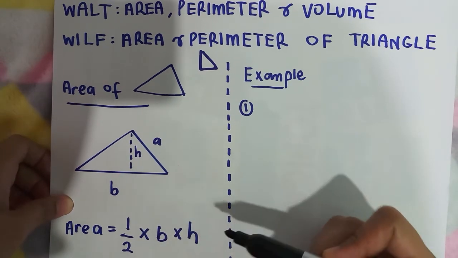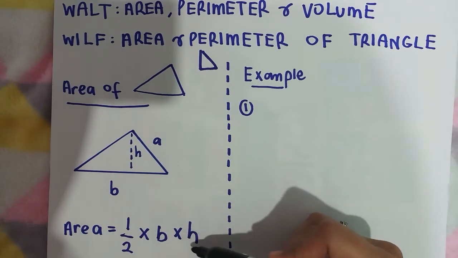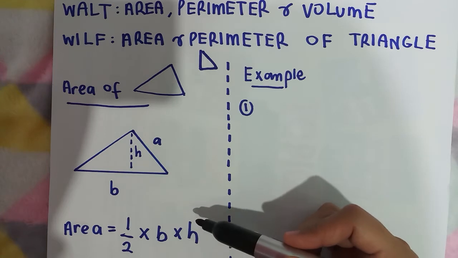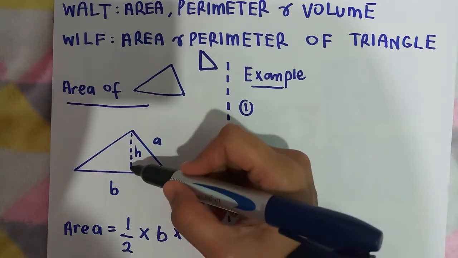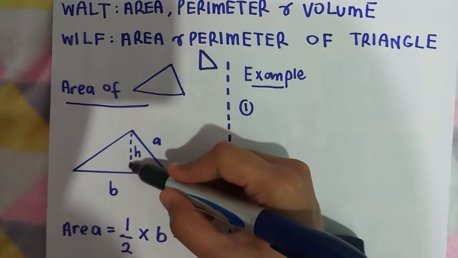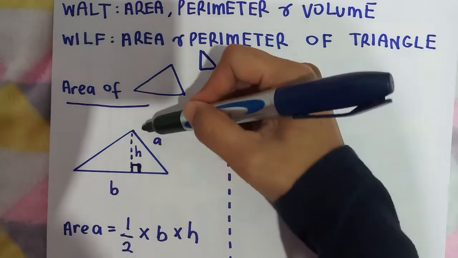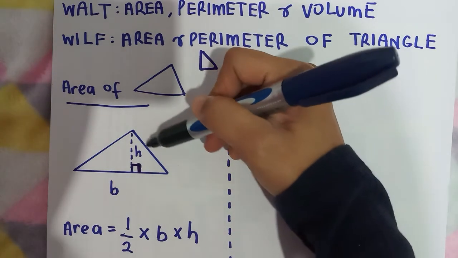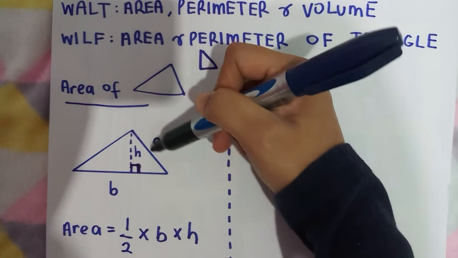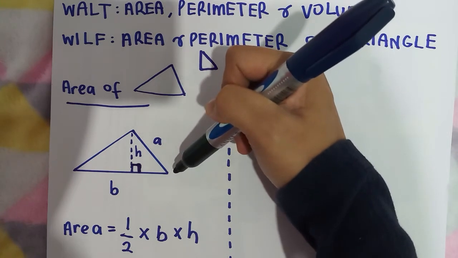This is the tricky part you need to remember: the height of your triangle must always be perpendicular to the base. This is your height. This is not your height because A is slanted a bit, so it cannot be considered as your height.